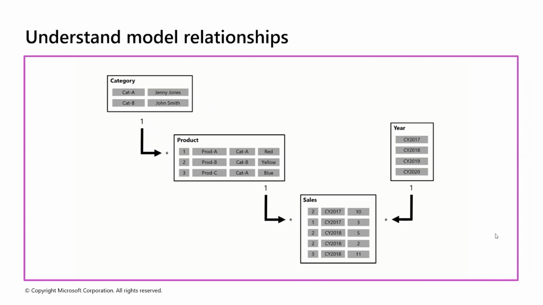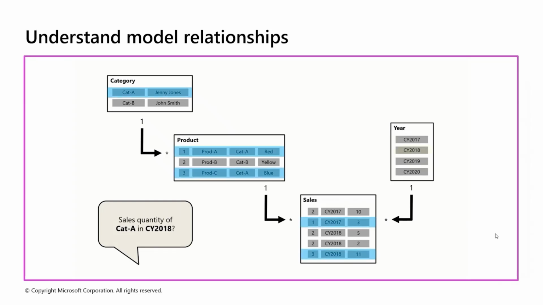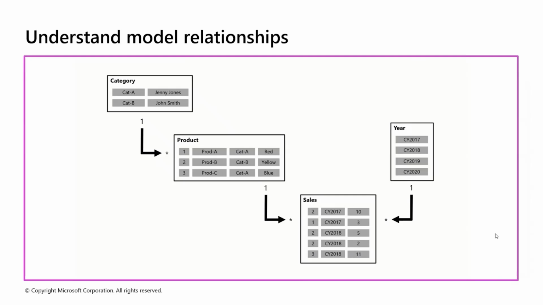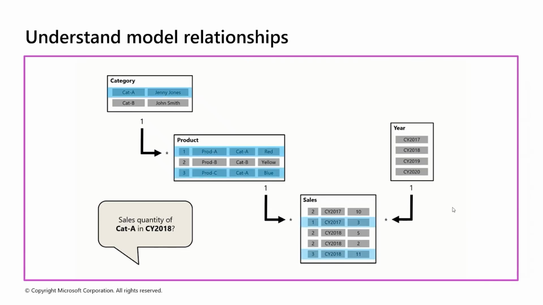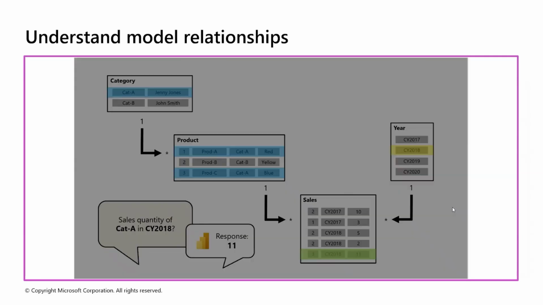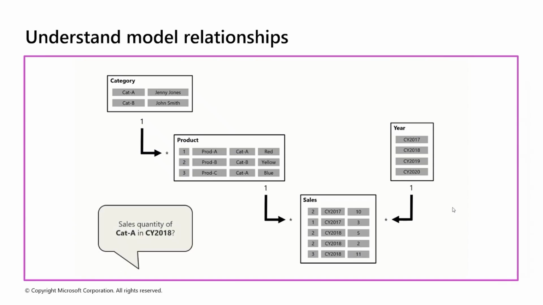You can see the filters applied on the category and year tables. The filter on the category table propagates to the product table to isolate two products that are assigned to category A. The product table filters then propagate to the sales table to isolate just two sales rows for these products.